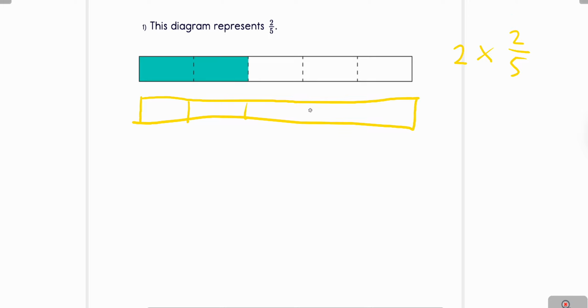All right, it's a very fast drawing. Okay, right there. So now this is showing that there are 2 copies of 2/5, or 2 groups of 2/5.